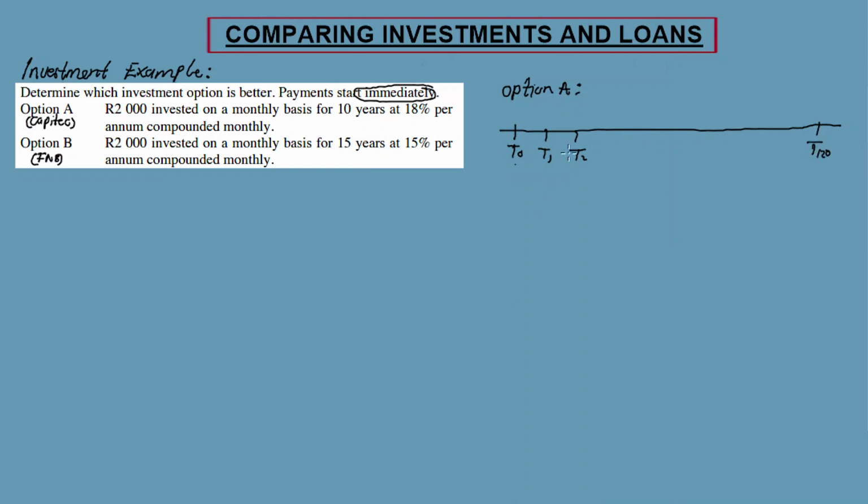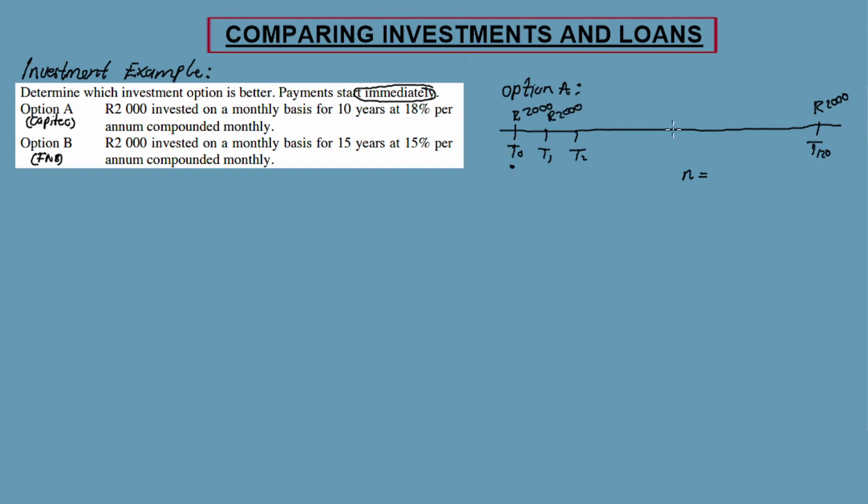The reason we draw a timeline is so that we can calculate the value of n. The payments start immediately. 2,000 rand starts at T0, immediately, I open the account and put in money, right? And the last payment is at T120, and at T1 the following month I still put in money.